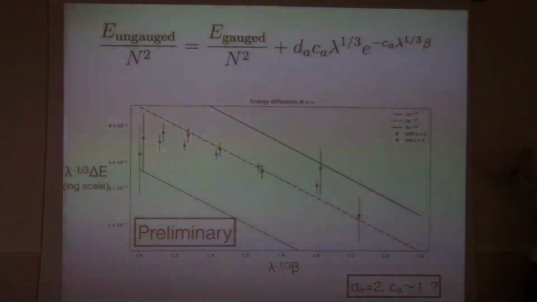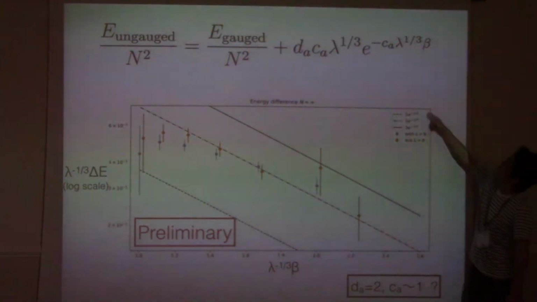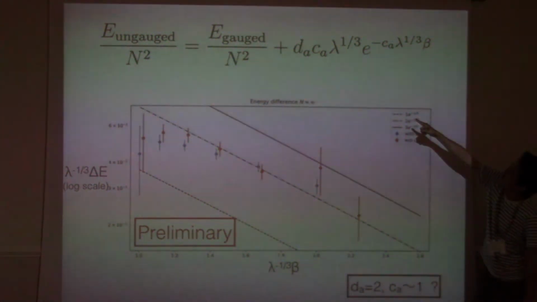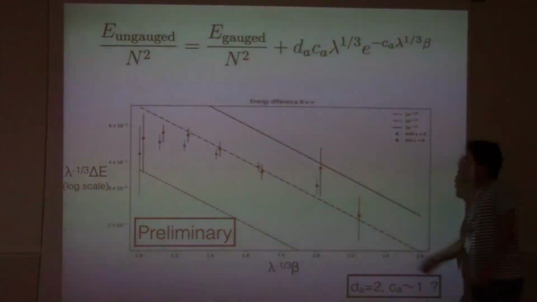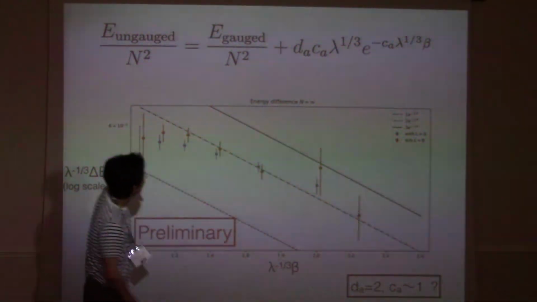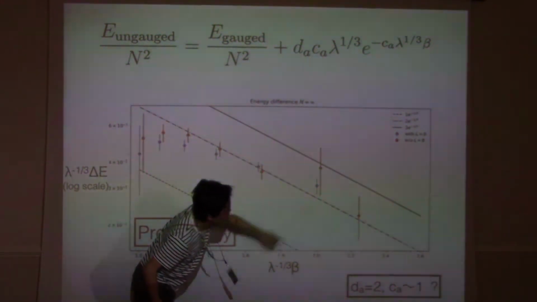It doesn't have to be an integer, but somehow it's close to 1. And if C is 1, then it is just D times exponential minus 1 over T. Lambda is set to 1, as usual. Okay, and somehow, you can really see that the agreement is very good.